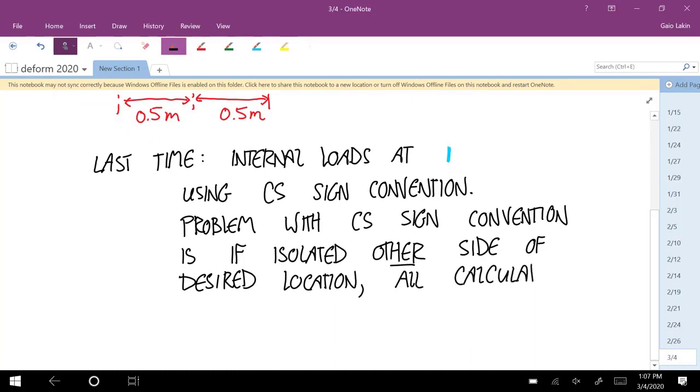So the calculated internal loads would switch signs.